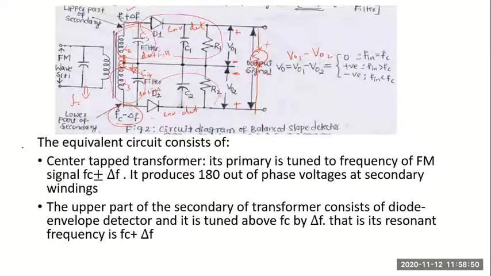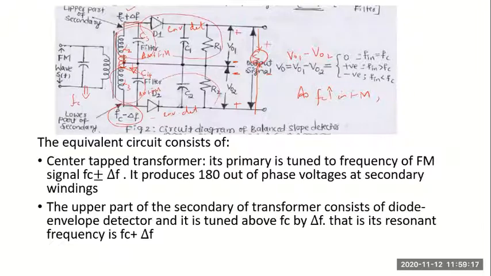Now, let's try to analyze the working. I told you this primary will be tuned to the carrier frequency and it can vary as the carrier frequency changes in the FM signal. But as the carrier frequency increases, as Fc increases in the FM, what happens?